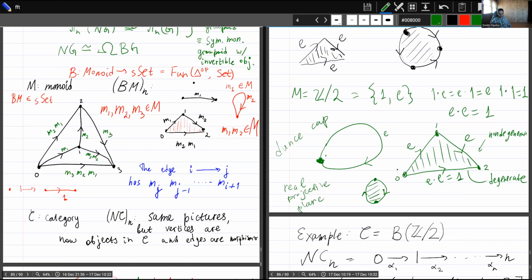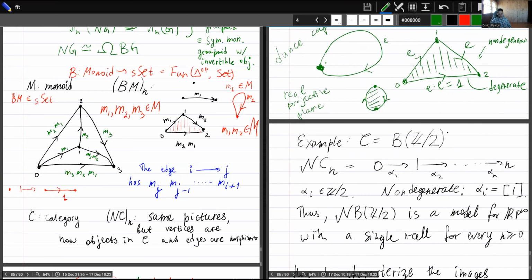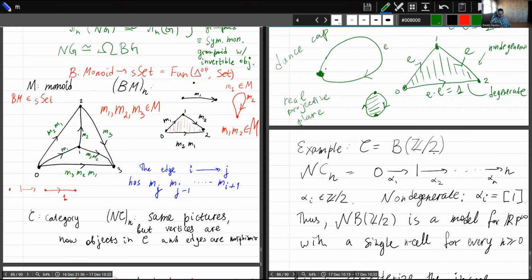But of course, the construction of the classifying space does not stop at two simplices. You're going to see simplices in arbitrary dimension. In dimension n, you will see a single non-degenerate simplex, because you only have two elements in your monoid, 0 and 1. And if you pick 0 for any of those, I guess I should have called them m_i, not alpha, sorry.